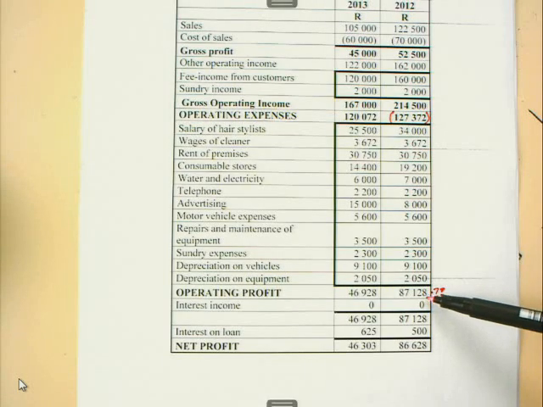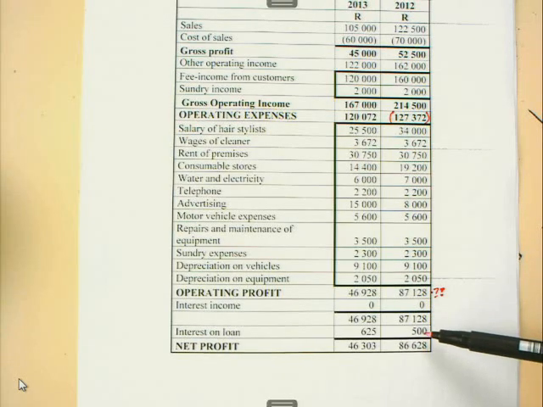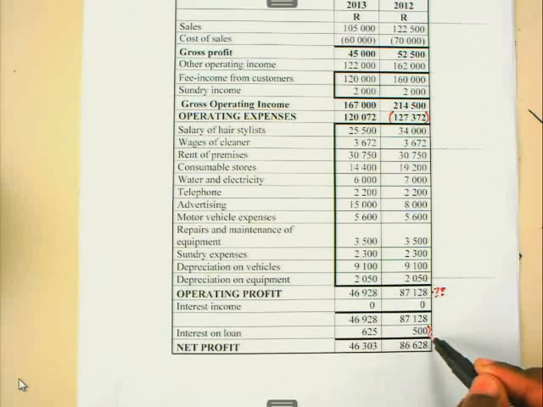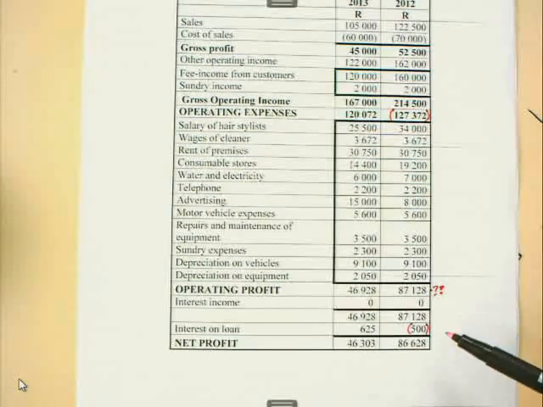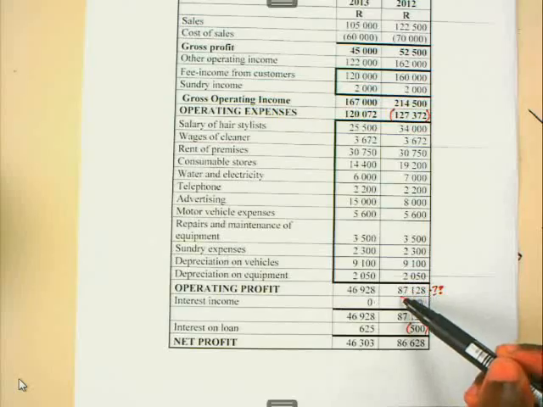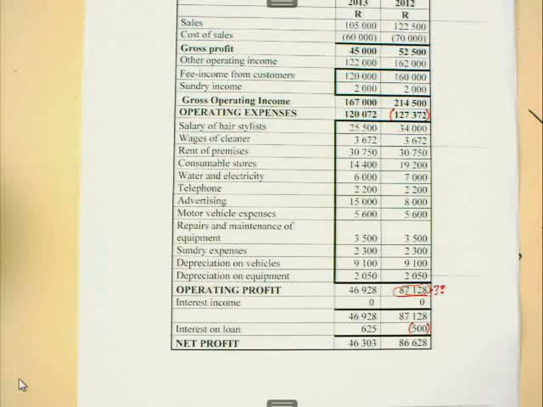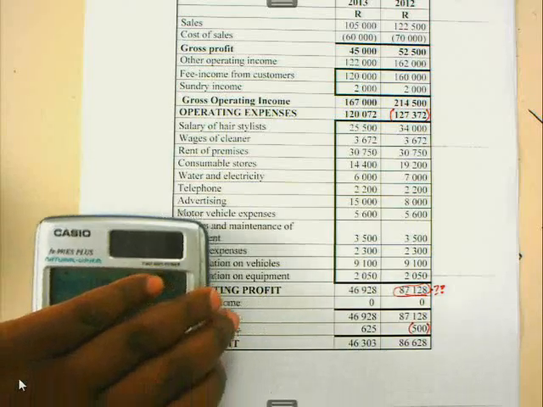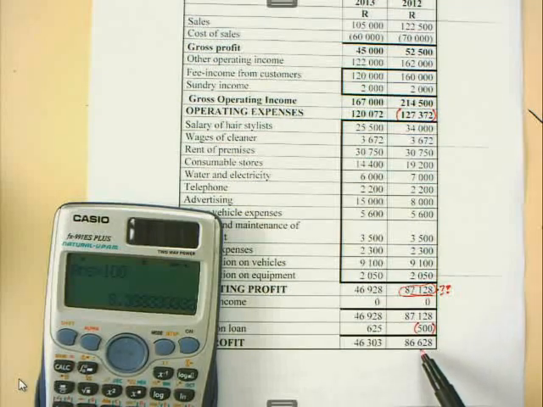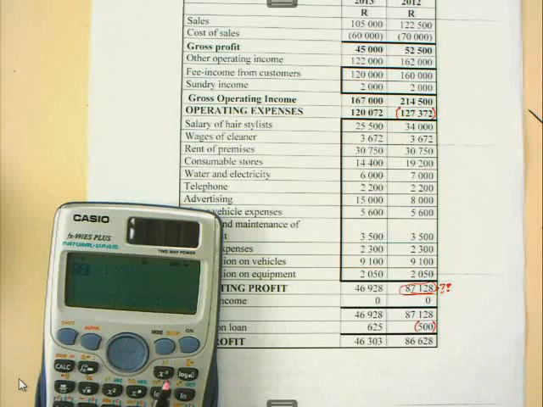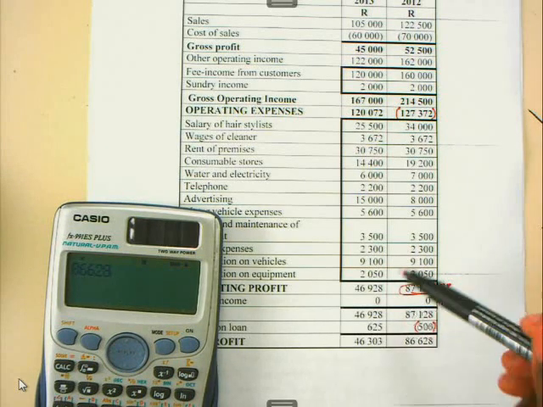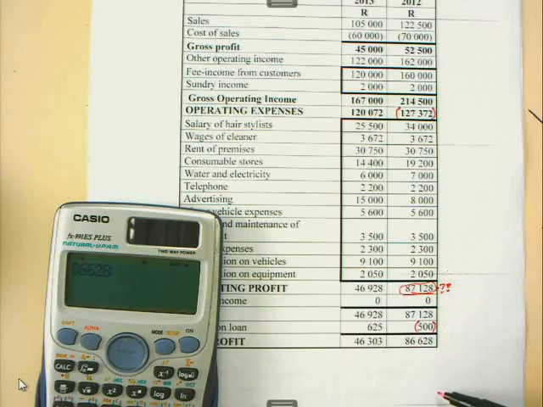which will require for you to go down, you will say operating profit, add interest income, that is zero in this regard. Then you will subtract the interest on loan. But let's say for obvious reasons or for other reasons, this was not provided. Then you are supposed to calculate it upwards. That is the net profit of 86,628. You add, because we subtracted when you go down. You are adding when you go up.